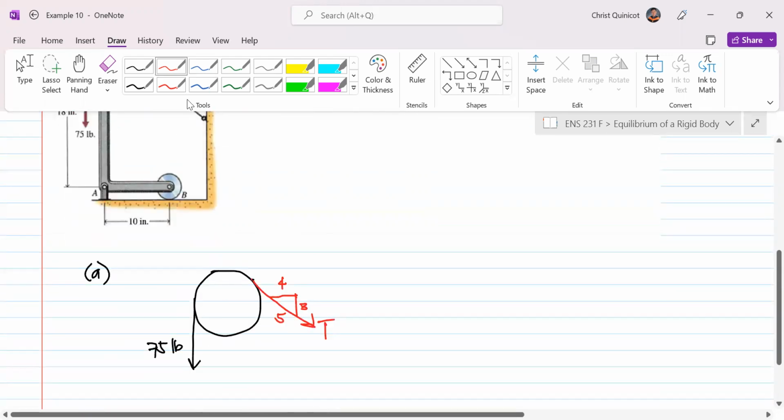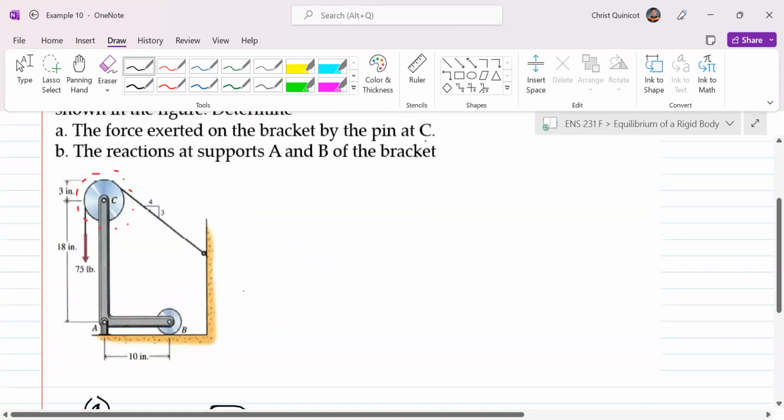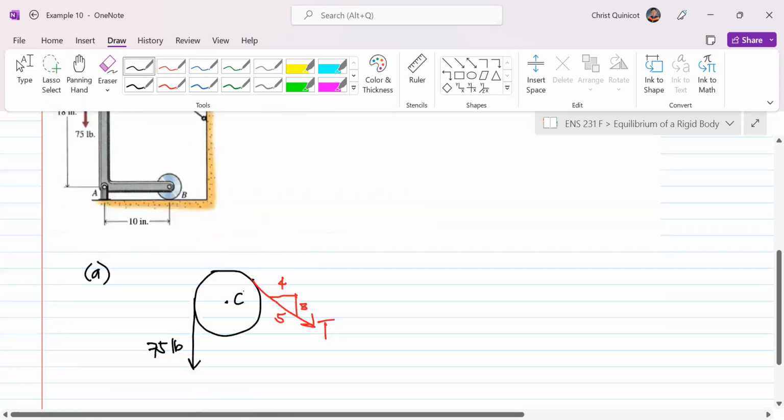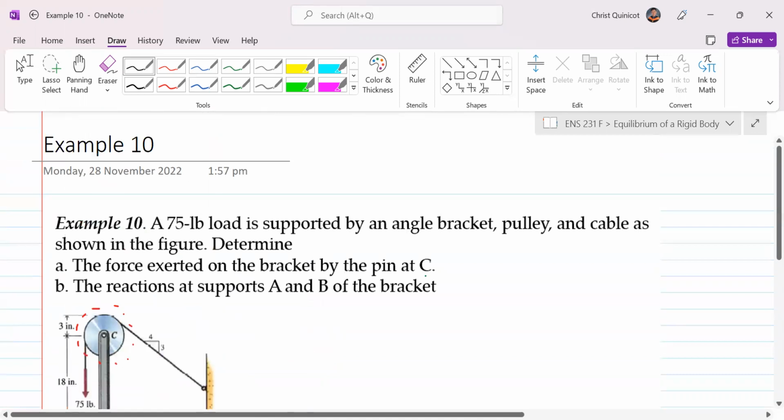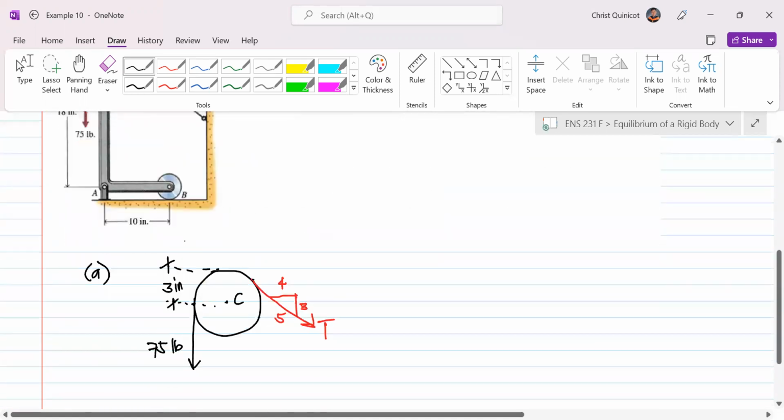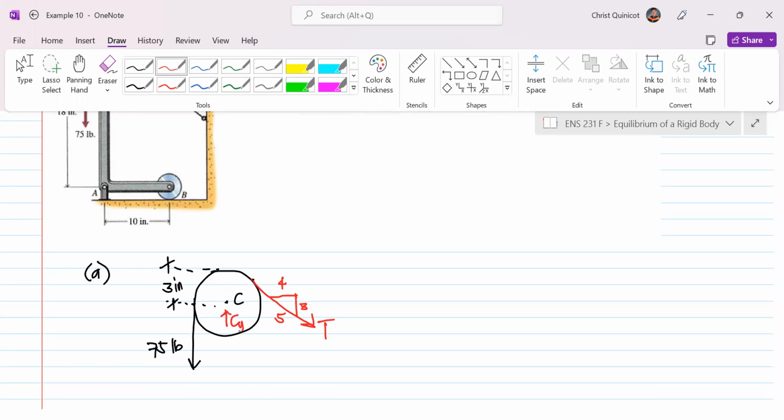And then this is the center of our C, right? And the radius would be 3 inches. Since we have isolated the pulley and our pulley is pin connected, we have a y component of our C, and by inspection, only T has an x component, right?